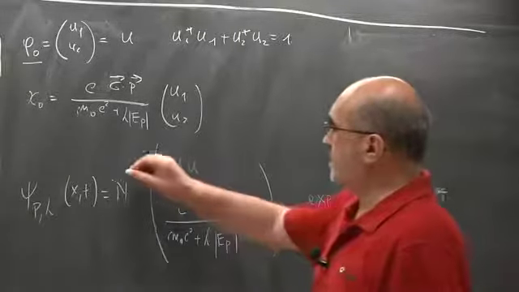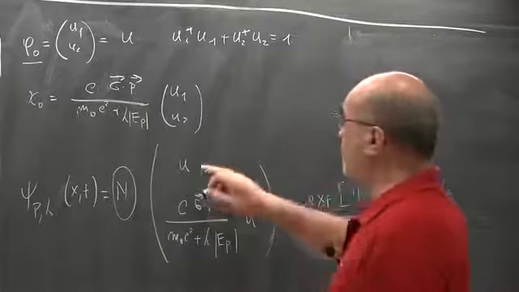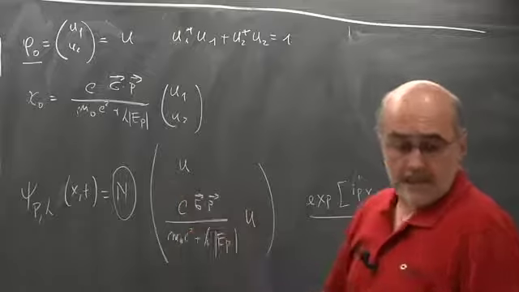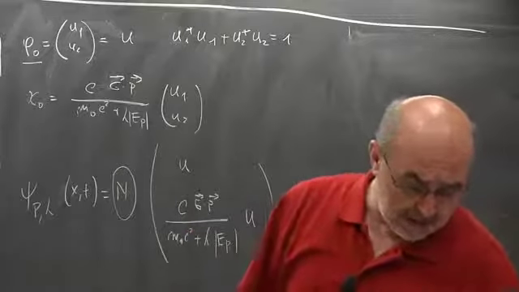Now, the only thing to determine is the n, because it's true that the u are normalized, but there is this factor in front, so it might be that the psi are not normalized.